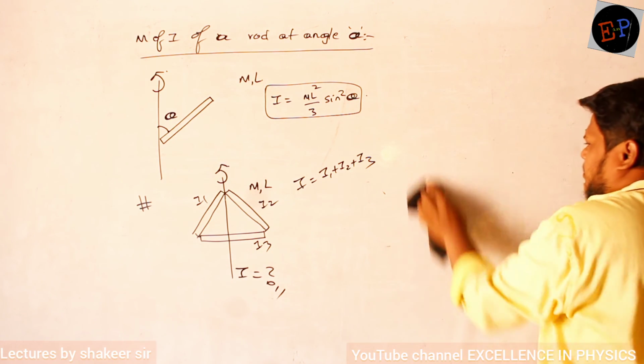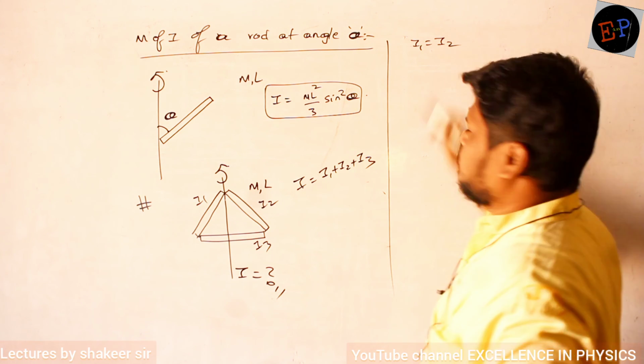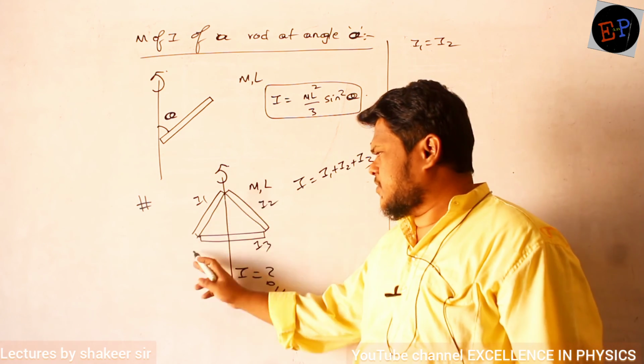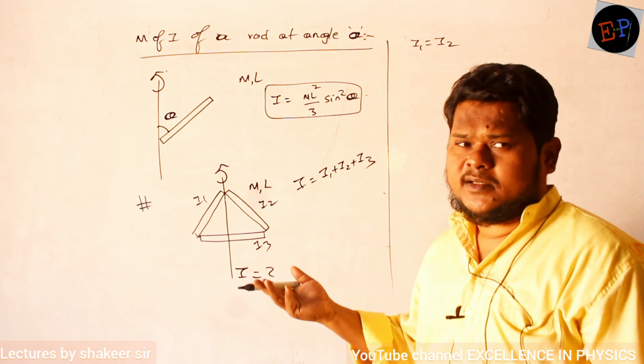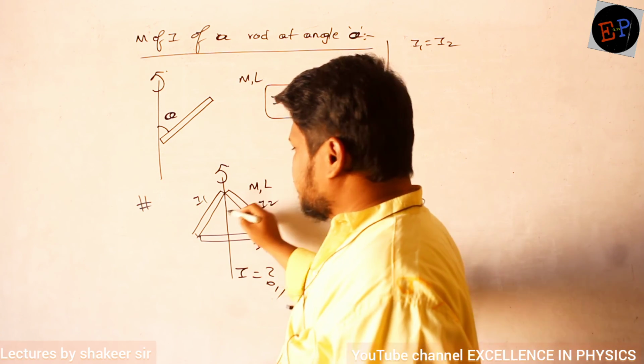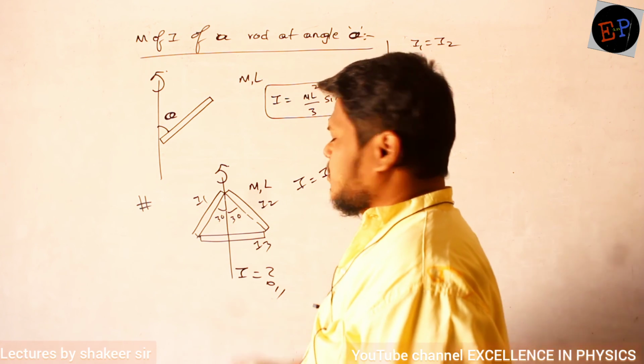Simple. Can I say I1 is equal to I2? Because the moment of inertia of this rod and this rod should be exactly equal. And this is an equilateral triangle, so the total angle is 60 degrees, so this angle is 30 and this angle is also 30.